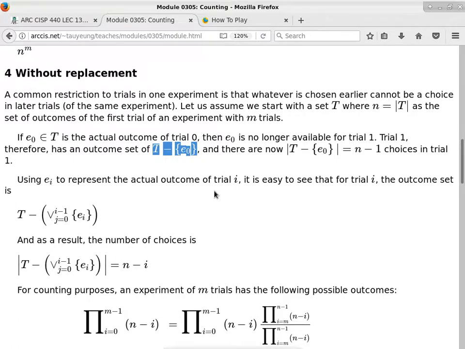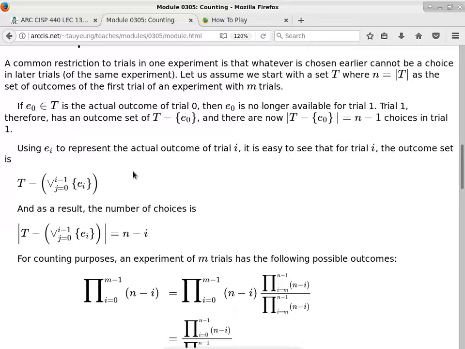To make it more general, if I use E subscript I to represent the actual outcome of trial I, then it's easy to see that for trial I, the outcome set is going to be the original T, which is all the things that are provided to you at the beginning of the experiment, minus the, oh, I used the wrong symbol here.